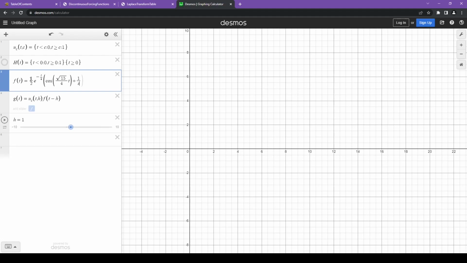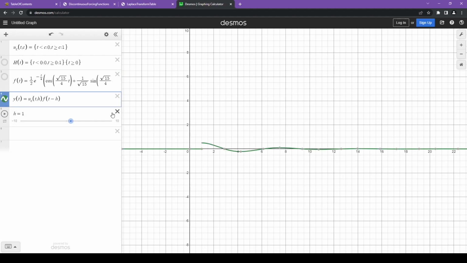We're going to add to this 1 over the square root of 15, multiplied by sine of the square root of 15 over 4 times t. This should be the whole thing. Now, our y of t that we're making should have a 5 here and a 5 here.